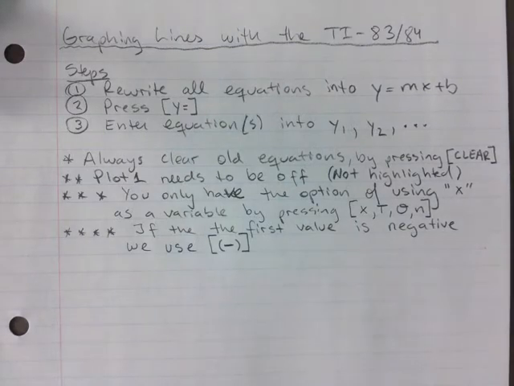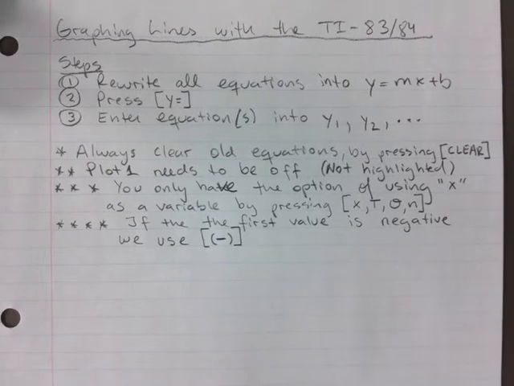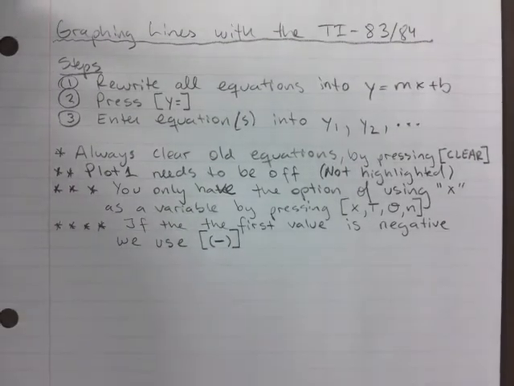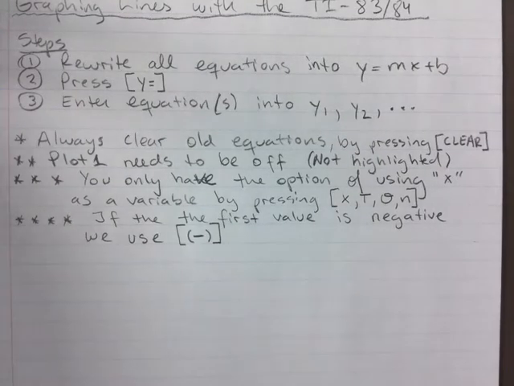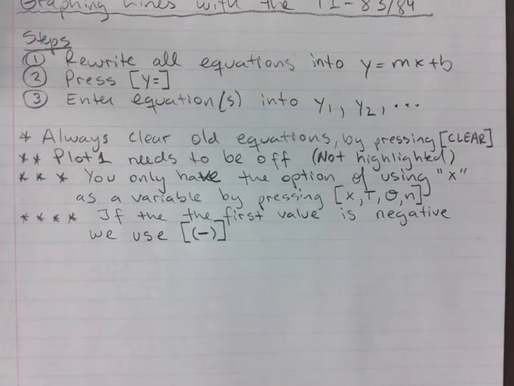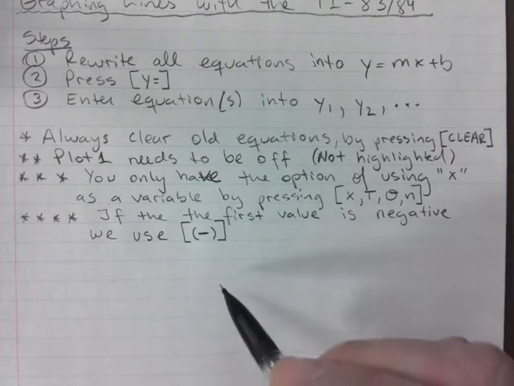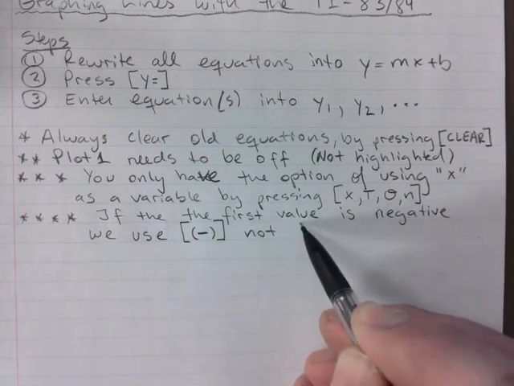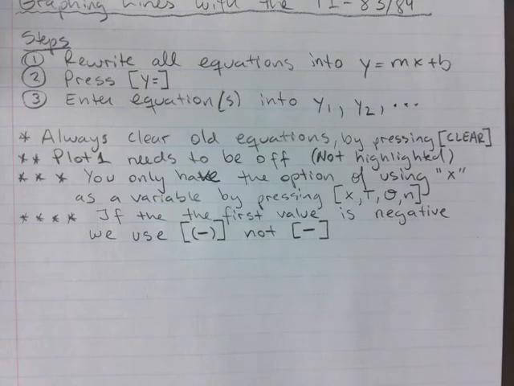And I talked about that already. Let me zoom in a little bit, okay, here. I can do that. Some of you are probably squinting there. Okay, so if the first value is negative, we use this, not the actual subtract button. Okay.